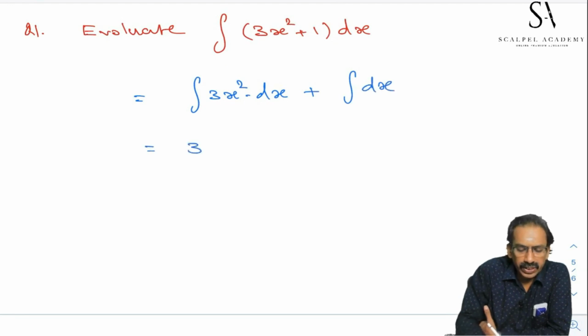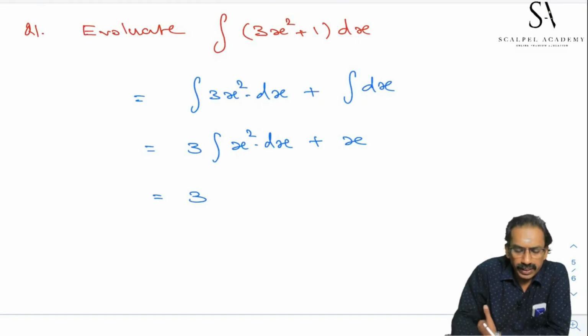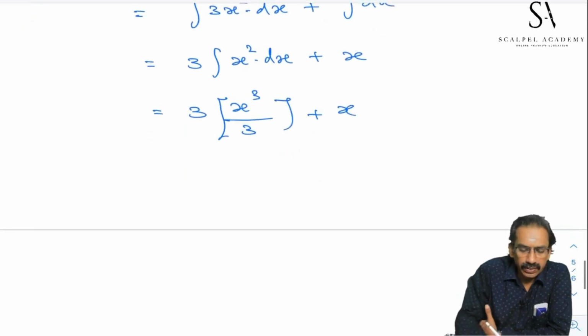So you take the constant out, integral x square dx plus integral dx is x. This is the x to the power of n formula, x cube by 3 plus x, that's equal to x cube plus x. This is the result.